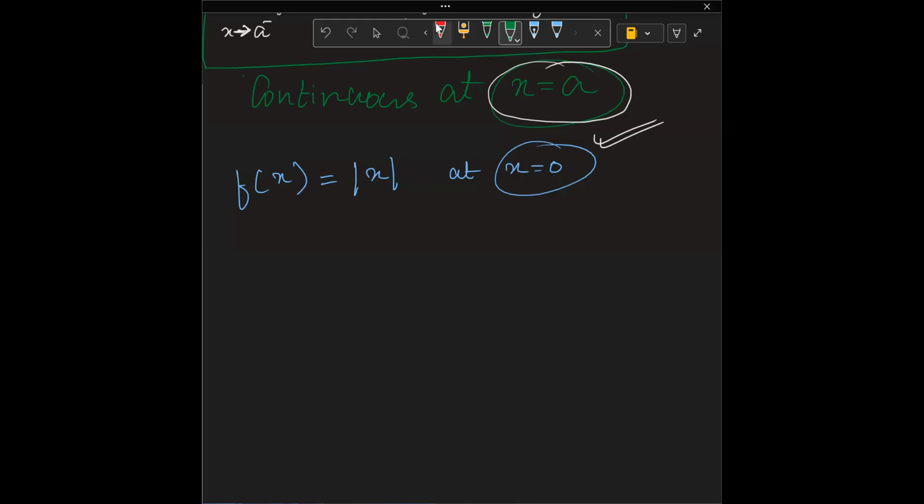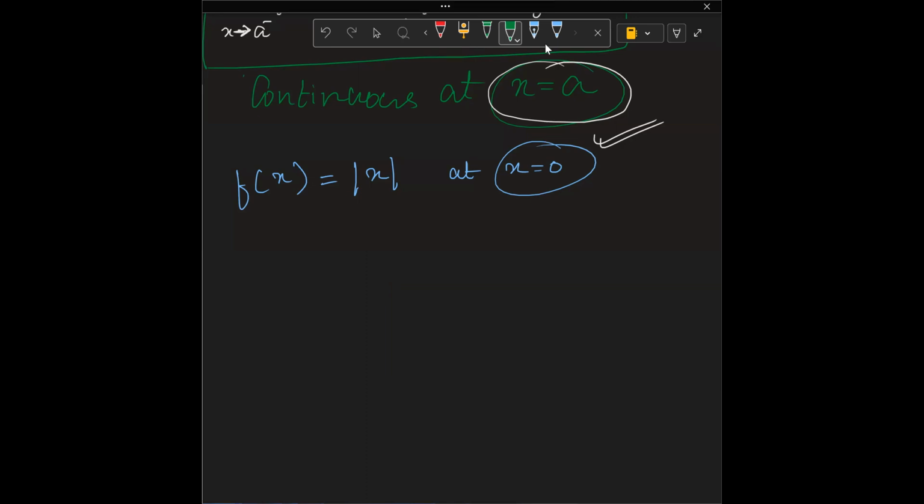First of all, tell me the definition of modulus of x. How will you write mathematically the modulus of x? In these types of questions on modulus, your main first aim should be writing the definition of mod x. Then only you can proceed with the function.